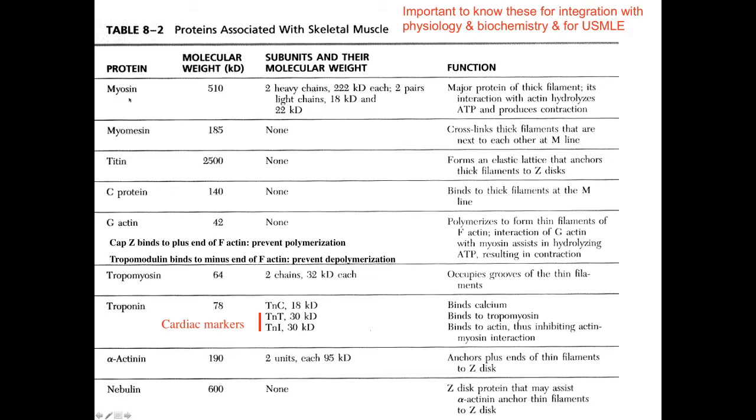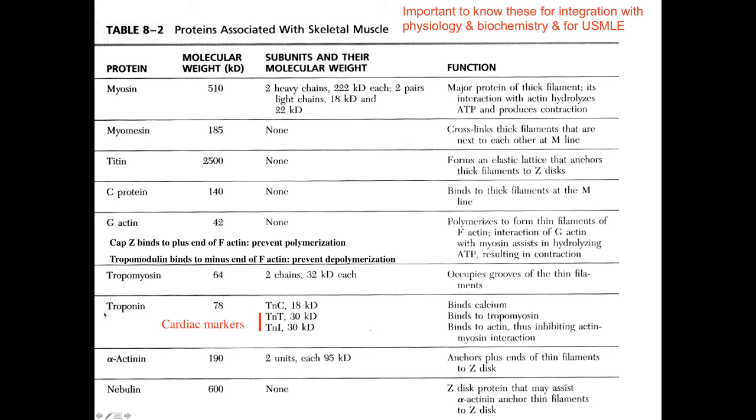We've talked about myosin. You need to know something about myomesin, titin, C protein, G-actin, CAP-Z, tropomodulin, tropomyosin, troponin, alpha-actinin, nebulin. So you need to, on your own, learn about these proteins and be sure you understand some of the basic characteristics of these proteins.